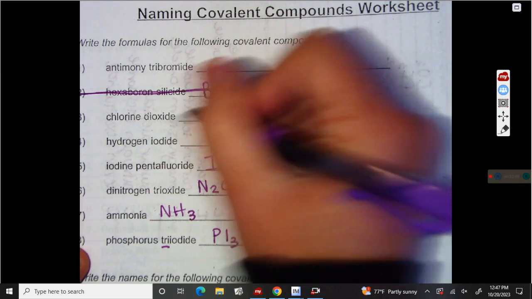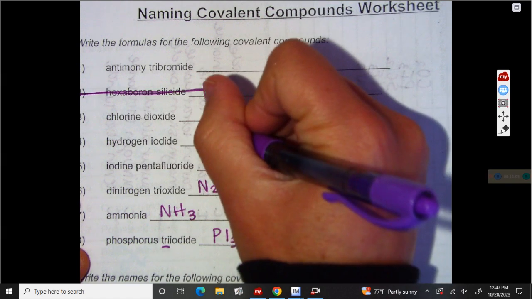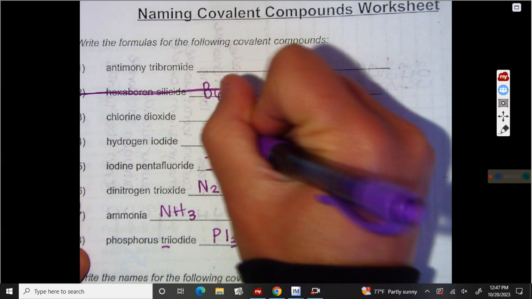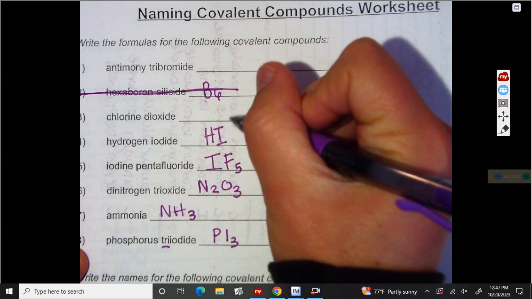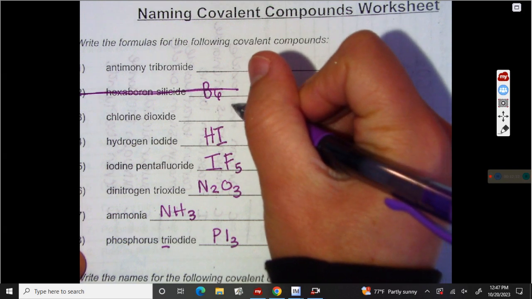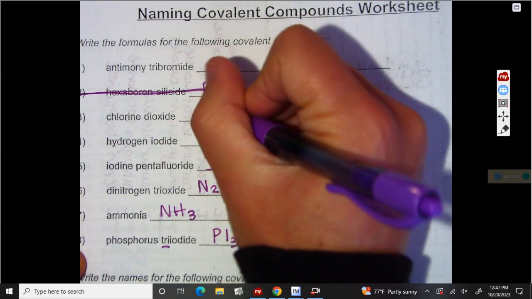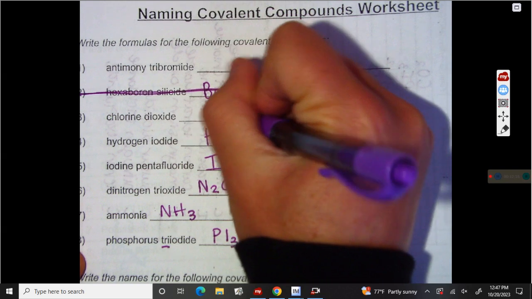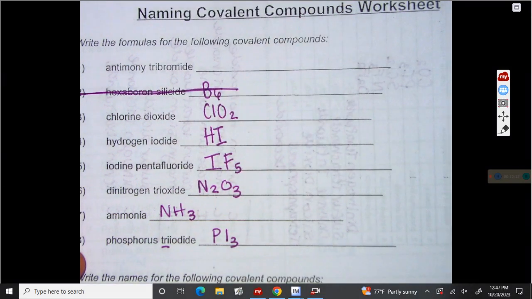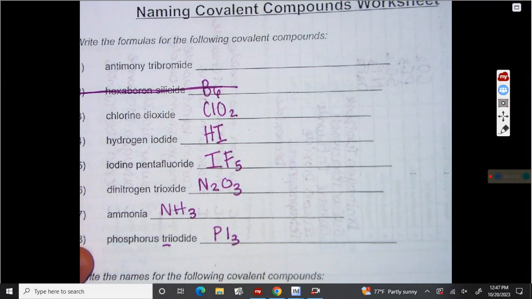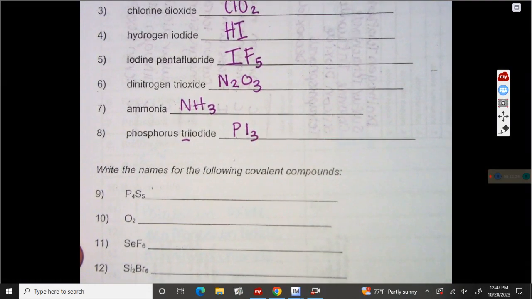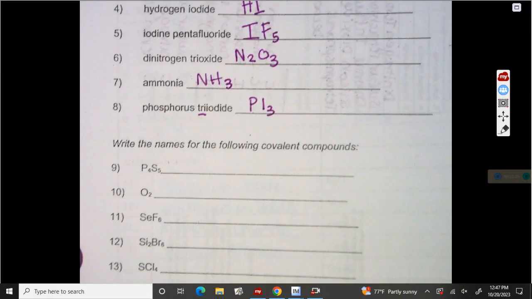Now hydrogen's odd because it does have a charge, right? It's the same as iodine, so we're just going to write HI. All right, and chlorine dioxide. So we have ClO2. And you can do antimony tribromide on your own. Find antimony on your periodic table and then 3 bromines.